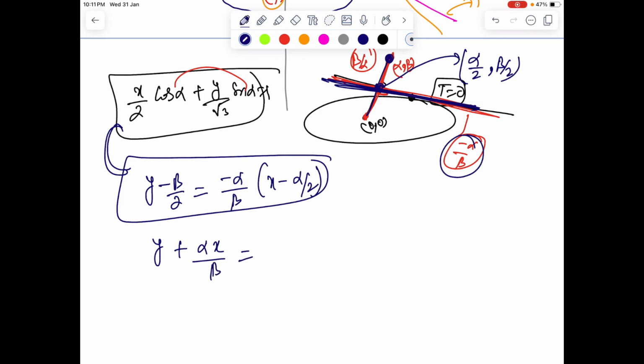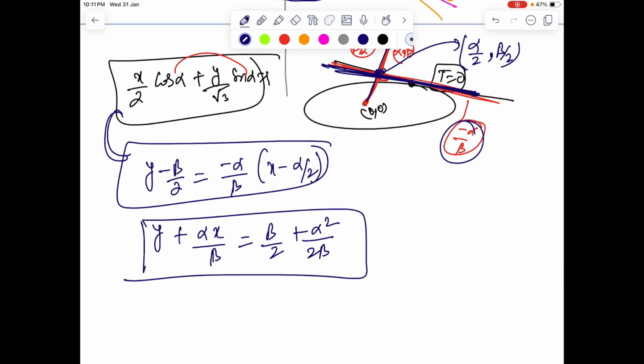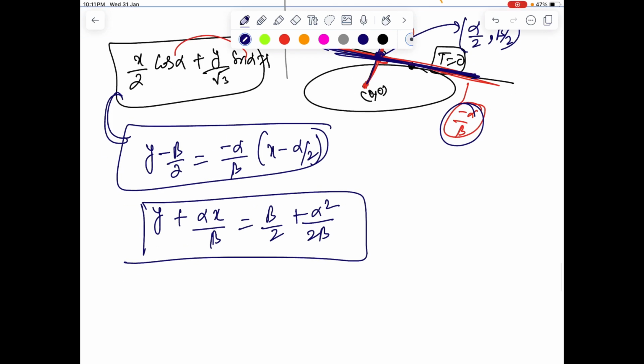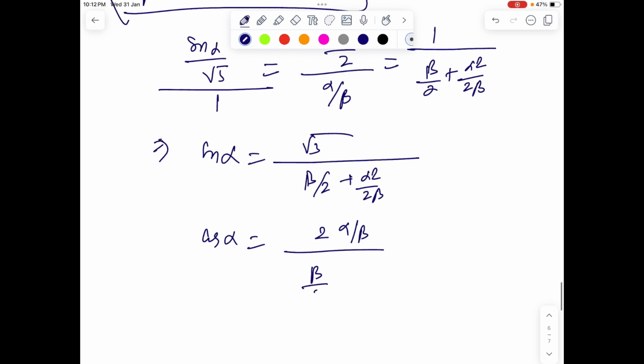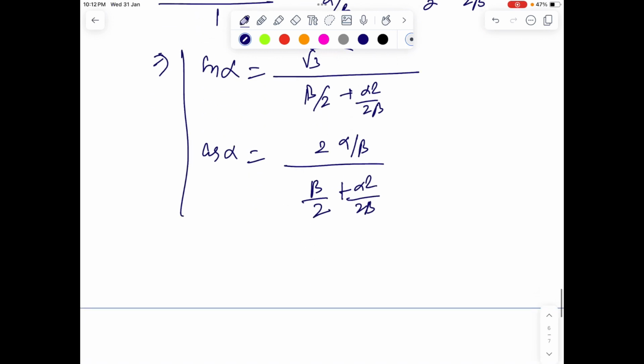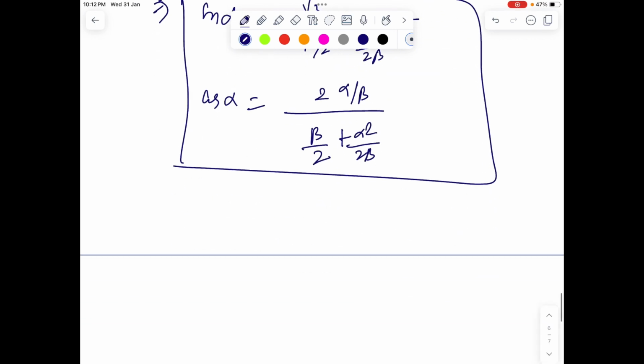Let me arrange this in this form: beta by 2 plus alpha square by 2 beta.